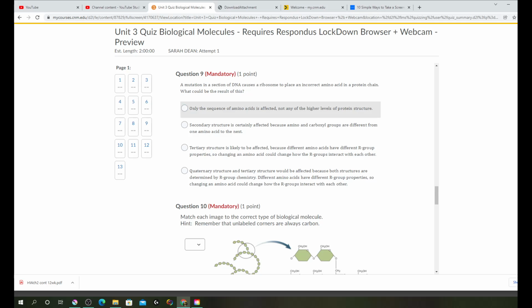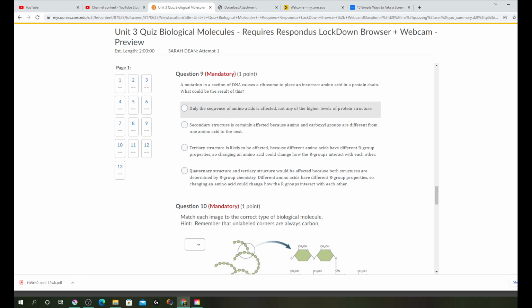A: only the sequence of amino acids is affected, not any higher level of protein structure. Well, if you review that video on protein structure, you'll know that the sequence of amino acids actually determines the three-dimensional structure because of R group interactions.